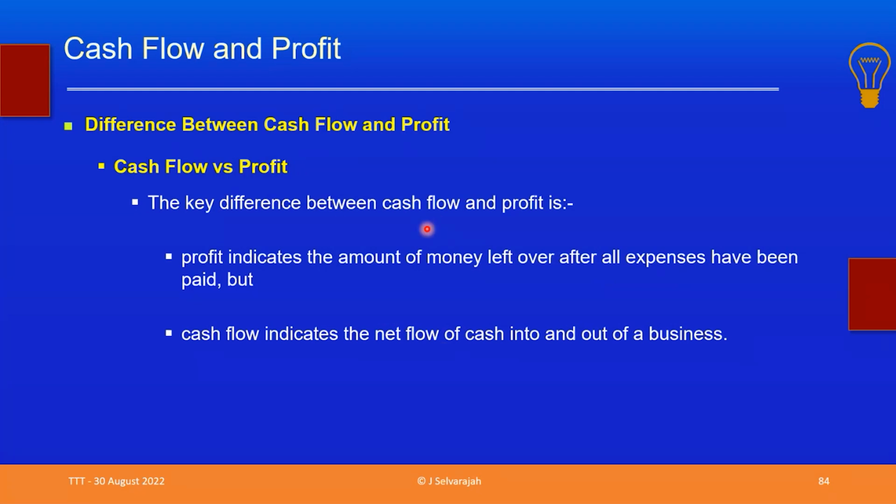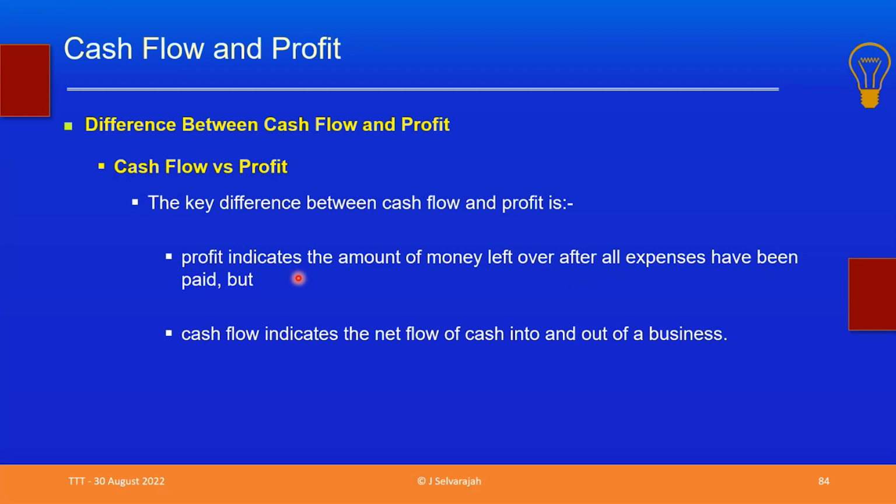The key difference is that profit indicates the amount of money left over after all the expenses have been paid, but cash flow indicates the flow of cash in and out of the business. Money is the numbers. Cash is the physical amount. Although it may not be physical cash, it's sitting in your bank account where you can actually use it.